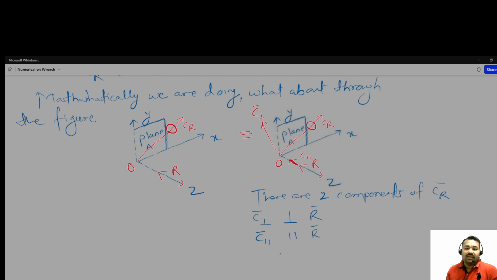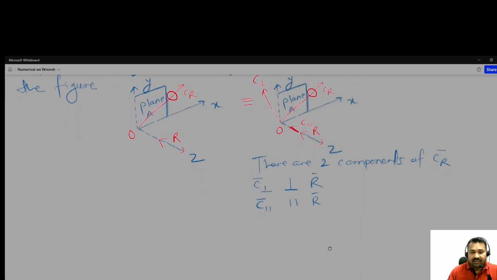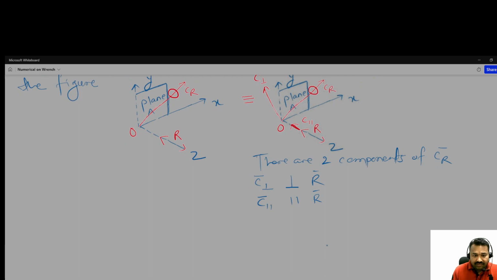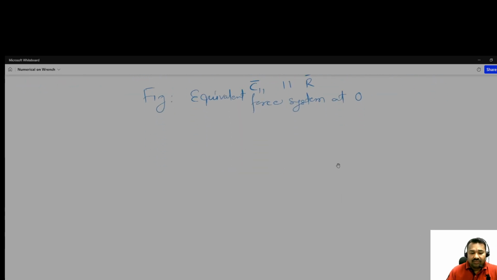Okay, so that's why for both figures we can label the figure name: equivalent force system at O.